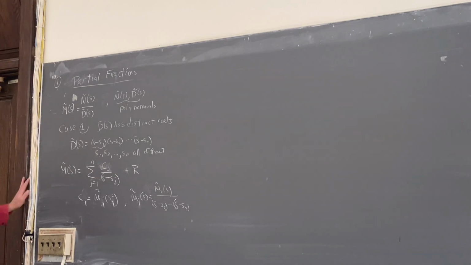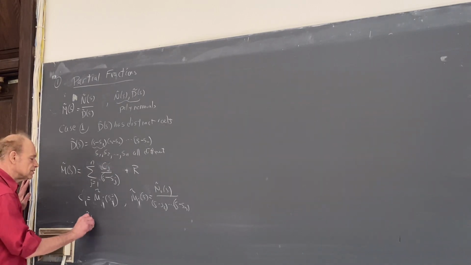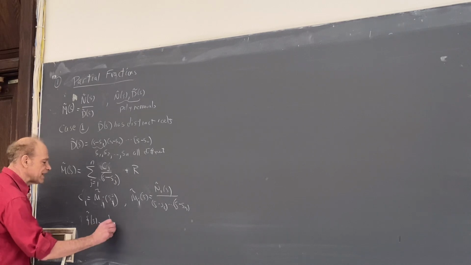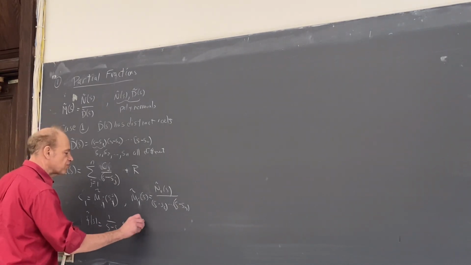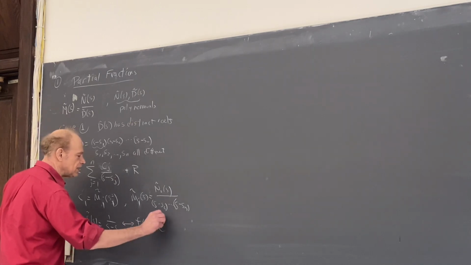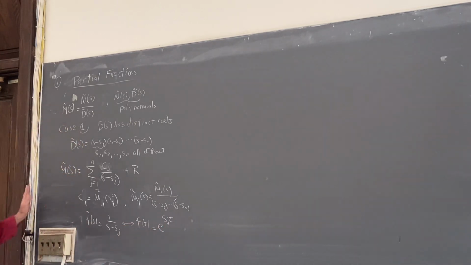And we noted that if f tilde of s is 1 over s minus sj, then this corresponds to f of t equal to e to the sjt. So we said that was the correspondence.